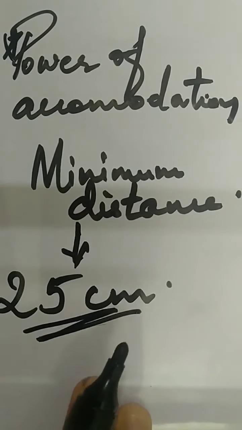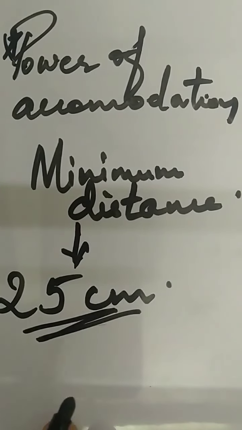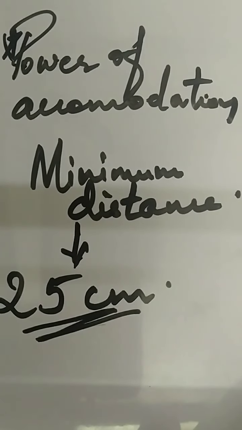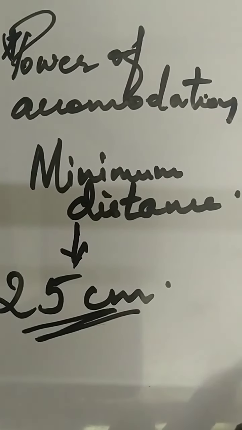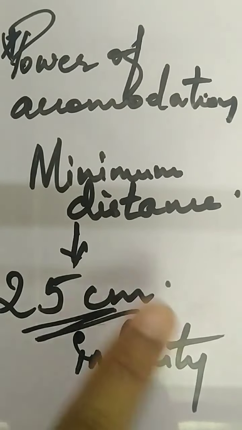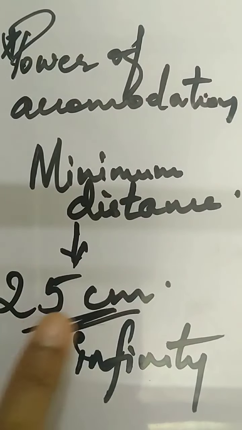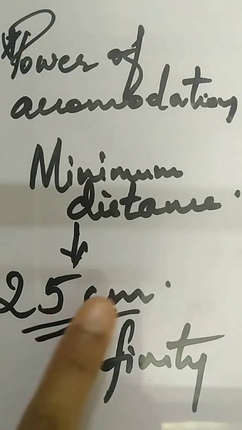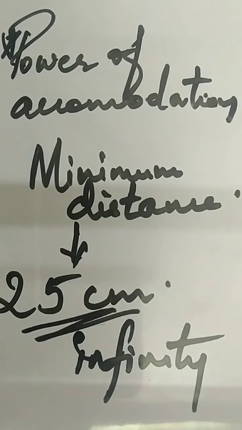Till 25 centimeter, if you keep an object, your eyes will be able to see it clearly without much strain on our eye. The farthest distance till which you can see an object is infinity. The minimum distance till which you can see the image is 25 centimeter. Okay, so these all are the things related to the human eye.